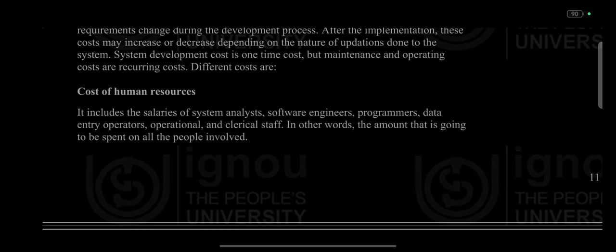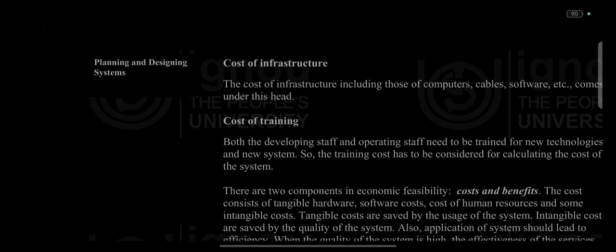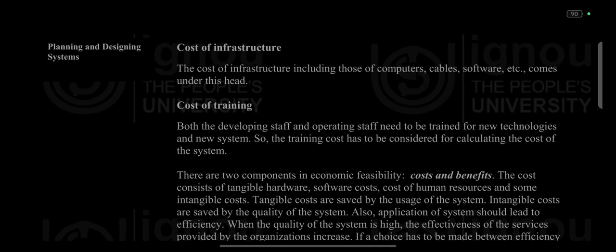In other words, the amount that is going to be spent on all the people involved. Cost of infrastructure. The cost of infrastructure, including those of computers, cables, software, etc., comes under this head. Cost of training. Both the developing staff and operating staff need to be trained for new technologies and new systems. So, the training cost has to be considered for calculating the cost of the system.